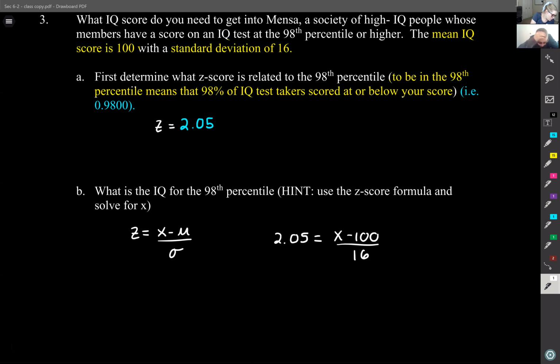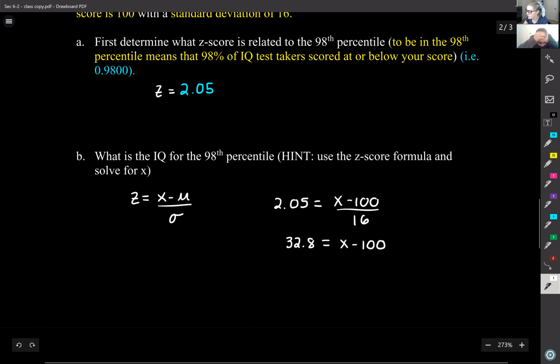So 2.05 times 16 gives me 32.8 is equal to X minus 100. And then to solve for X, we just need to add 100 to both sides. Great, so X is 132.8. I'm just going to round up to a whole number because we are looking for an IQ score. So I'm going to say our final answer is 133.